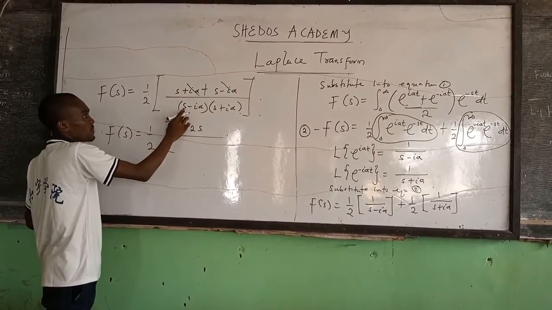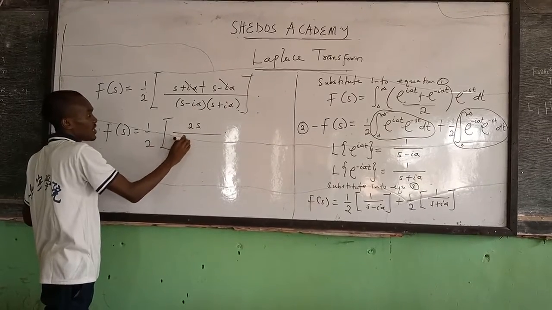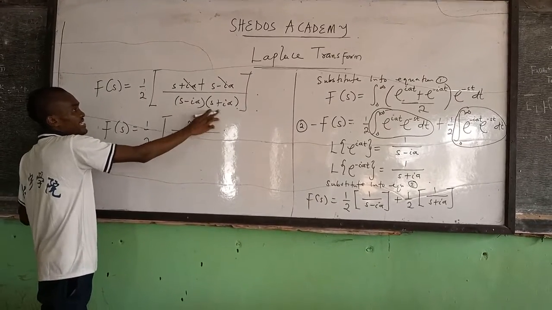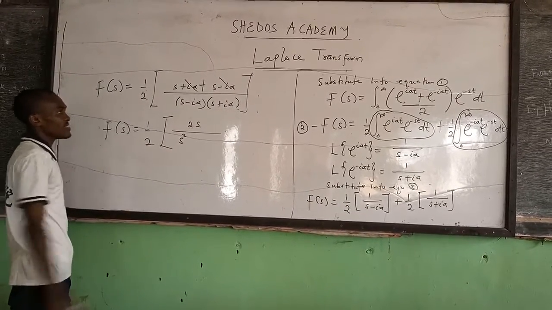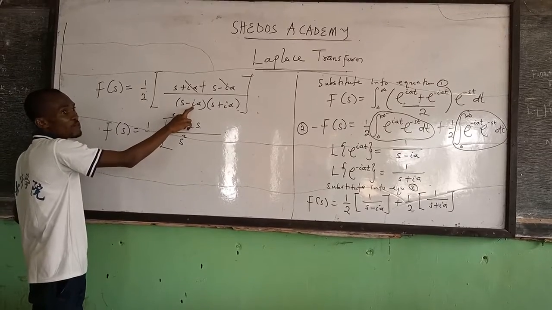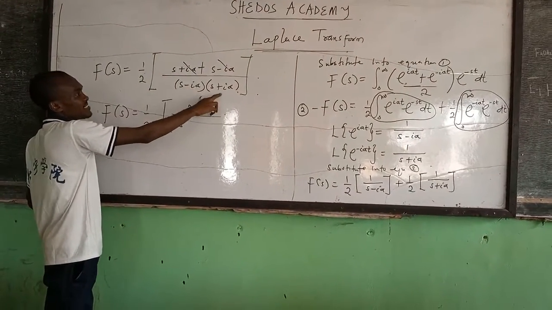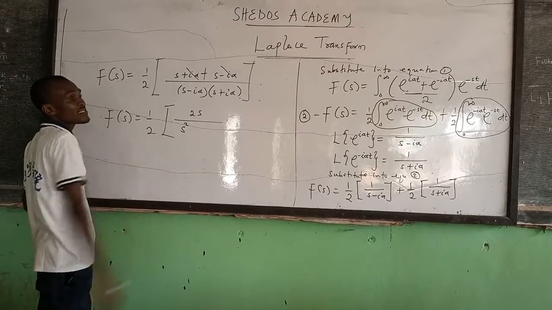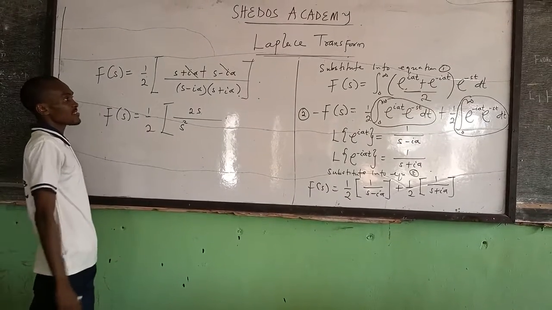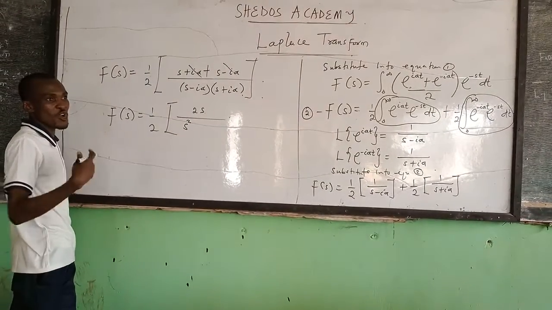So we can just multiply s times s to be s squared. ia times ia. Remember, this is a complex identity, the i. So i times i here is i squared, which is the same thing as minus 1.